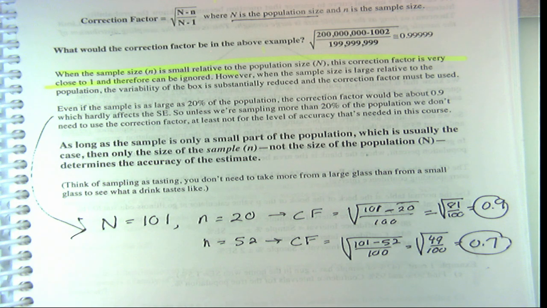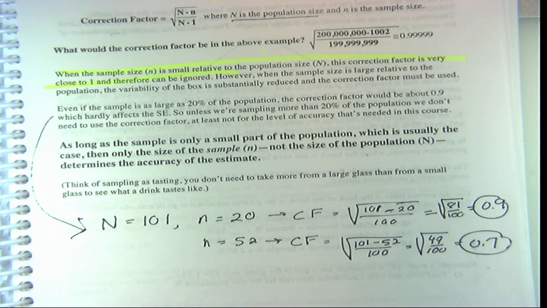And why don't we need a bigger sample for the whole U.S. than we would for the U of I, for example? A sample of 1,000 from the U of I would give us about as much accuracy as a sample of 1,000 from the whole U.S. if they were truly random samples.